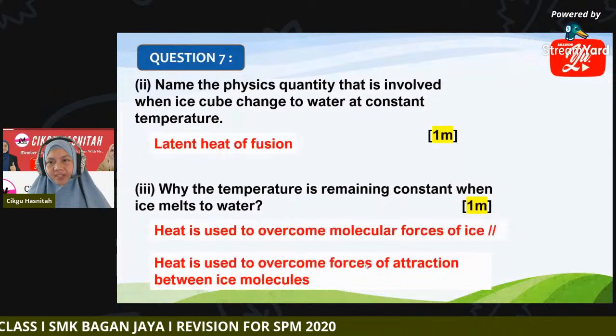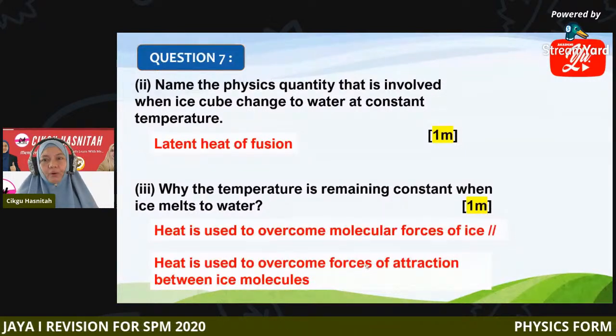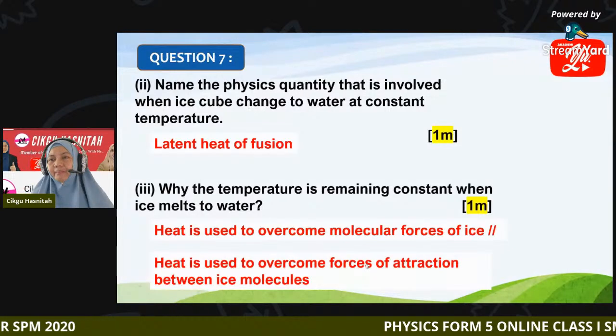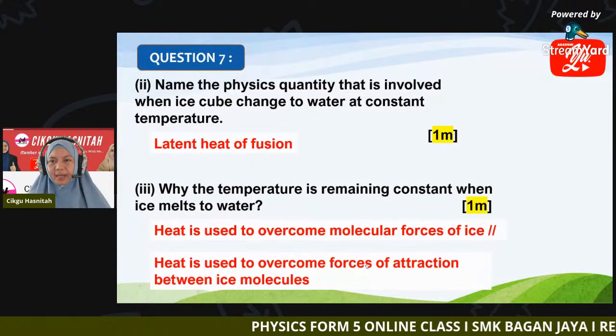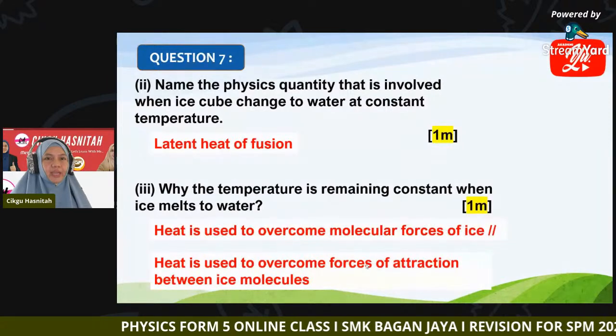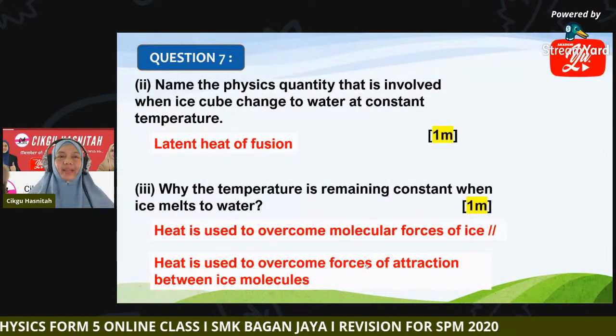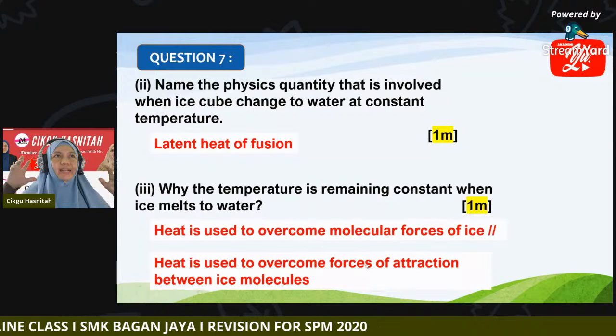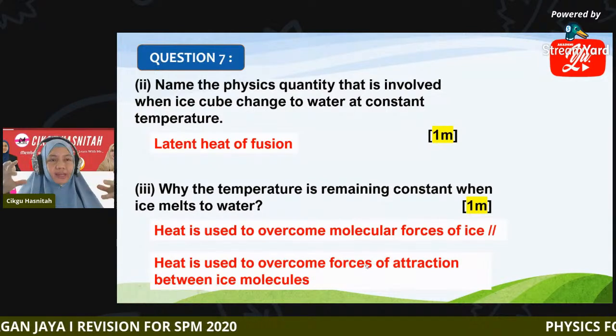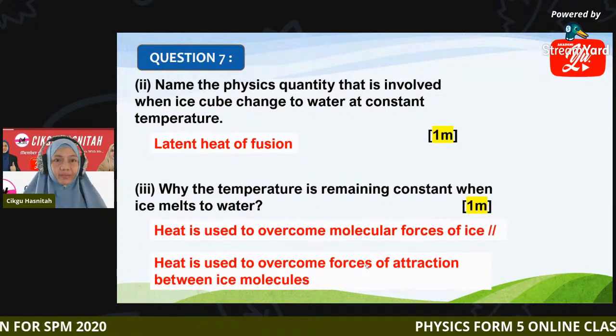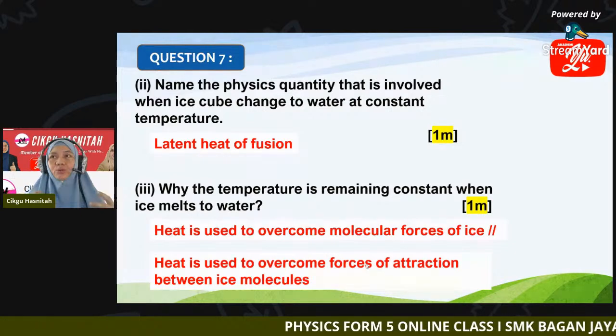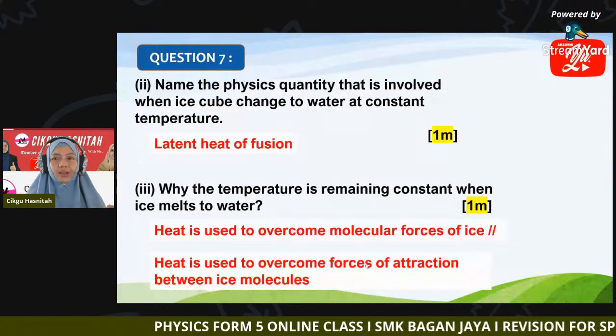Yes, Jinjie, to break the bond. Energy is used to break the bond between molecules. Yes, Wei Liang, to break the bond between molecules. So by this, the kinetic energy of the molecules is not increasing. The kinetic energy is not increasing, so that's why the temperature does not increase.